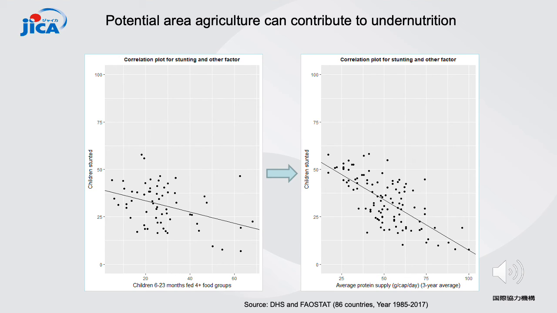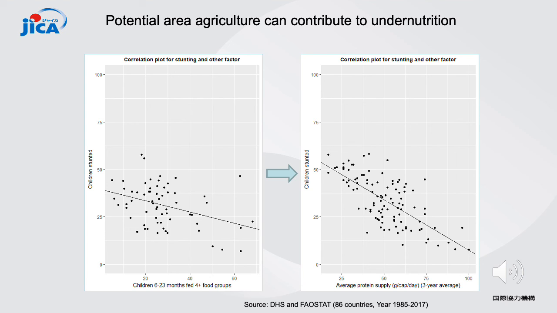And on the right hand side, this shows the relationship between protein supply per capita per day and stunting. As you can see, there's a much stronger correlation between stunting and protein supply.